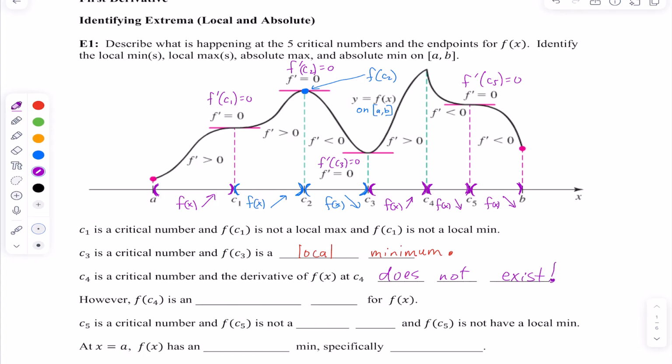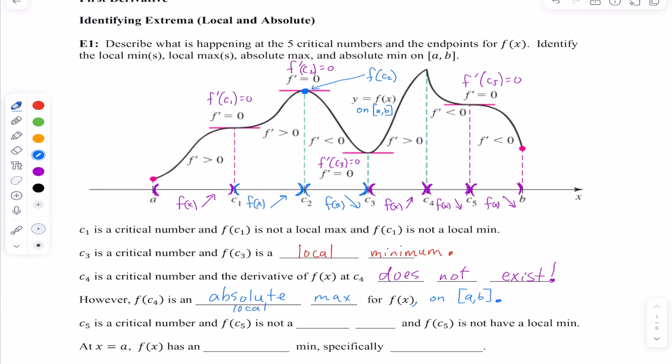However, f of C sub 4 is an what? It is an absolute max. It is the highest output value for the entire function on the interval AB. It's also a local max.